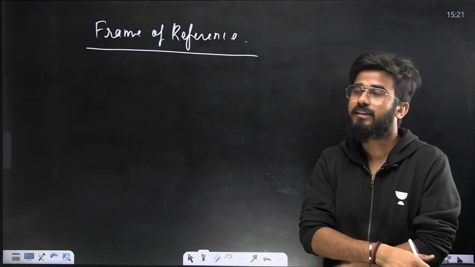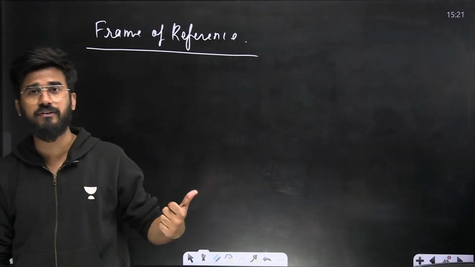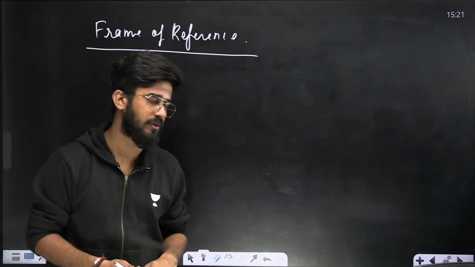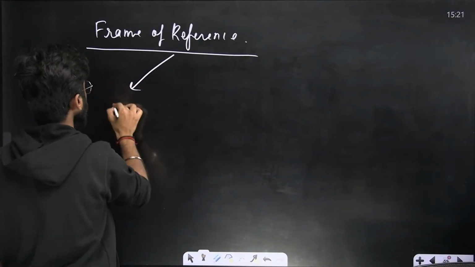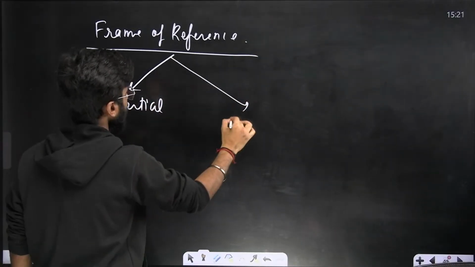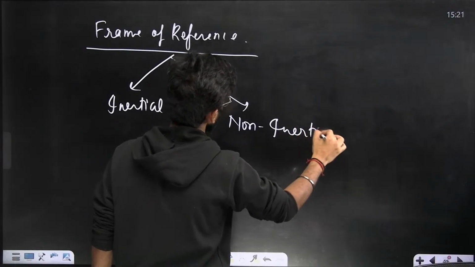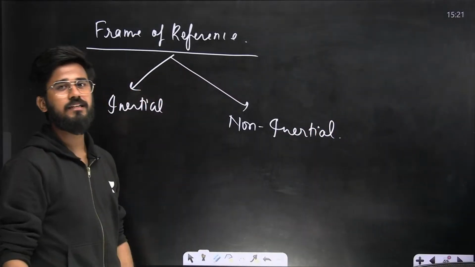Now there are two kinds of frames of reference. One is inertial, and the other is non-inertial. What is an inertial frame of reference?